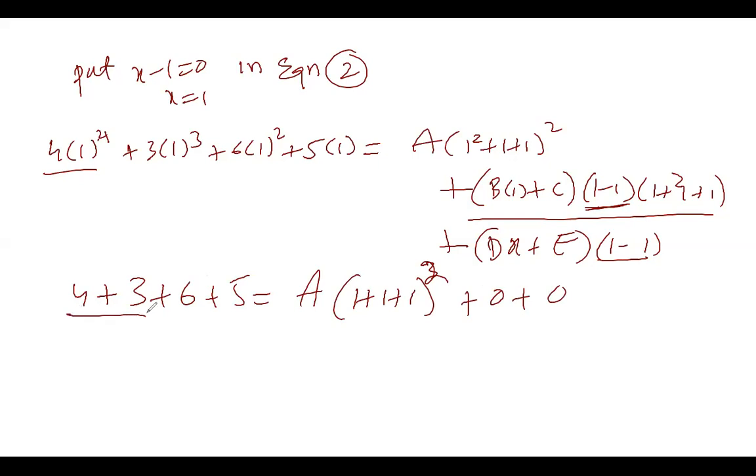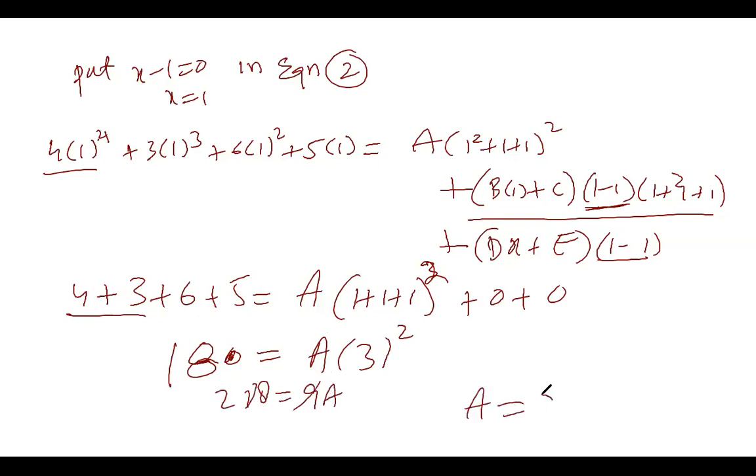No, sorry, this is not 20, this is 18. 18 is a into 3 square. This is equal to 18 is equal to 9a. So we have a is equal to 2.